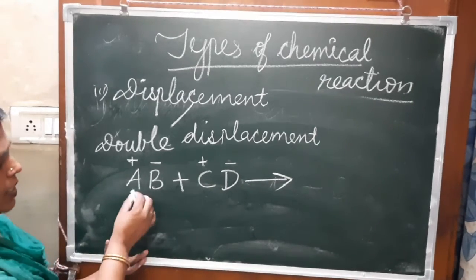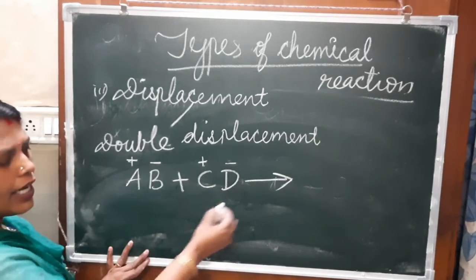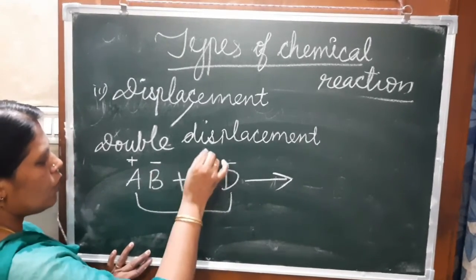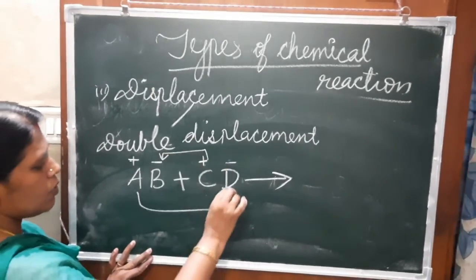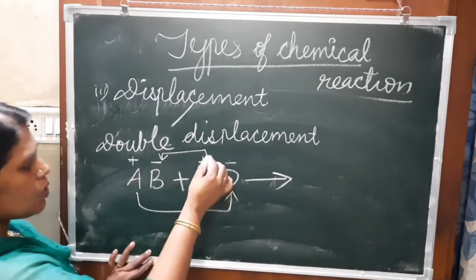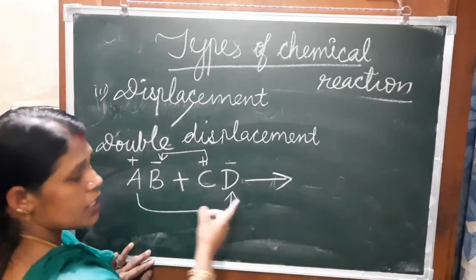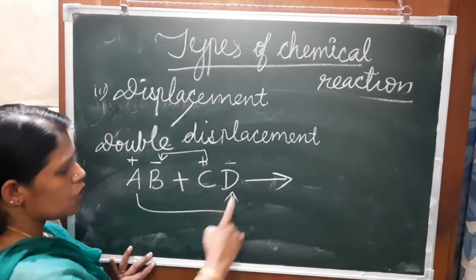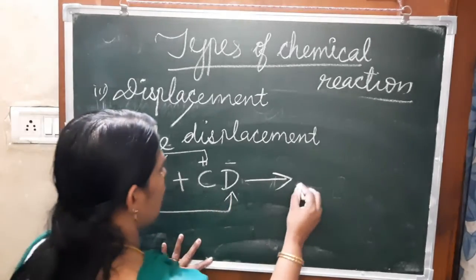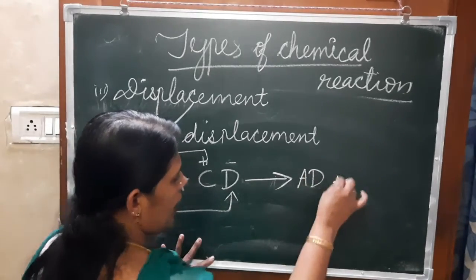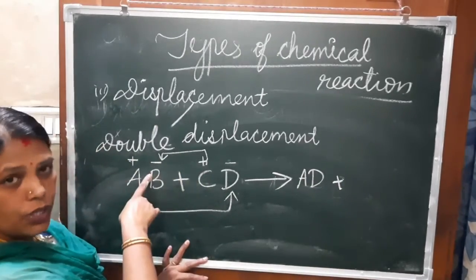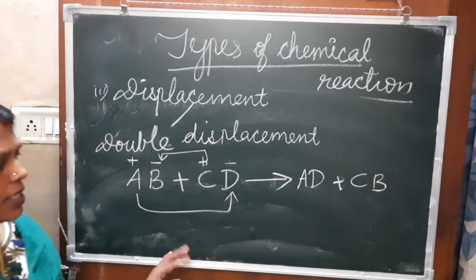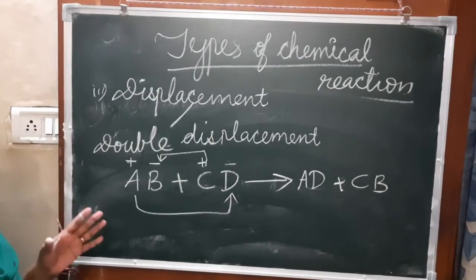So this A goes with the negative D, and C goes with B. Ions are exchanging. The positive ion goes with the negative ion, forming AD plus CB. This is a double displacement reaction.